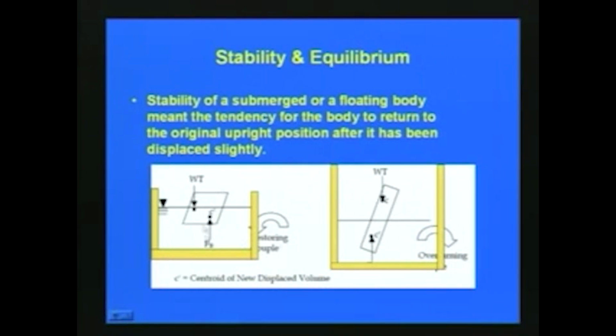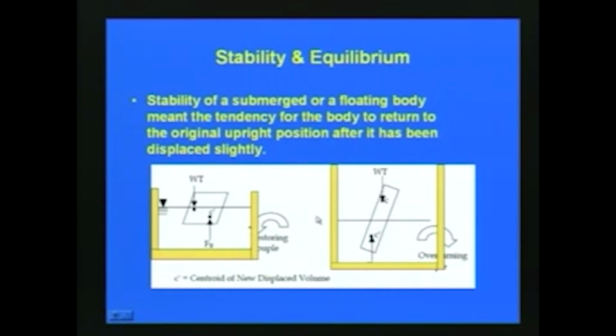Here in this slide you can see there is water in a container, and there is a body, and we are just putting a small force on this. We are observing what will happen, whether it will restore back or it will overturn. That is what we will be discussing, the stability of a submerged or a floating body.